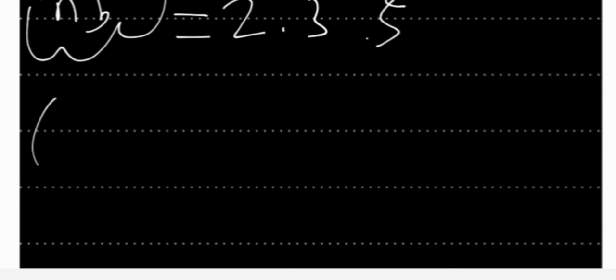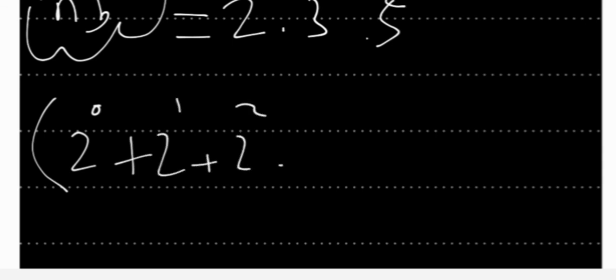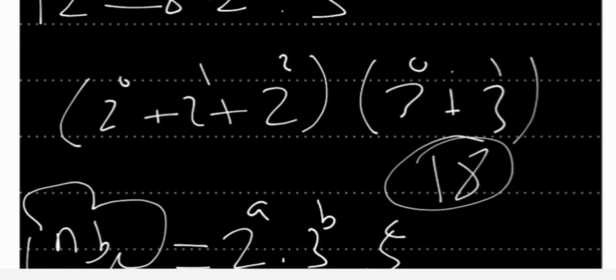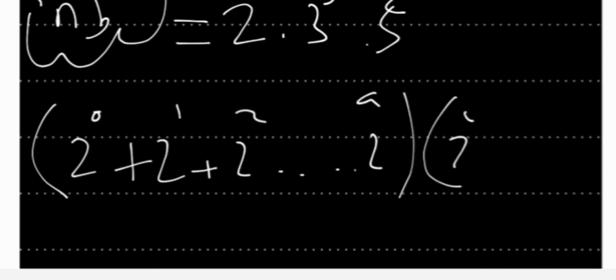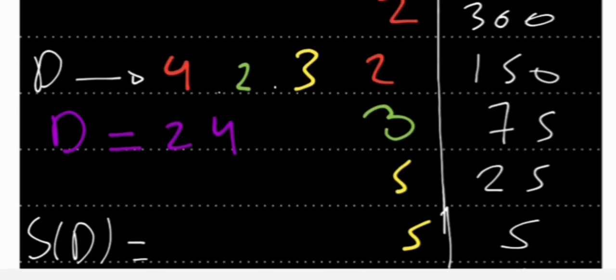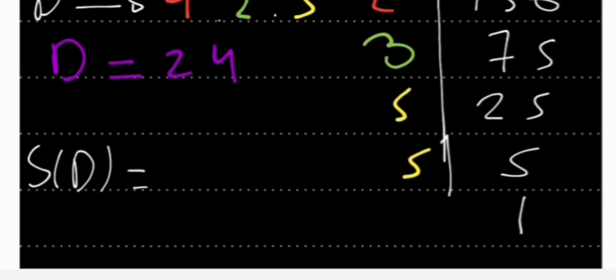So we are going to have, the rule is 2 to the 0 plus 2 to the 1 plus 2 to the 2, and there goes until 2 to the a, okay, just as in here. And for b, the same thing, 3 to the 0, 3 to the 1, and there goes forward, okay. So this is the rule that we are going to use over here.